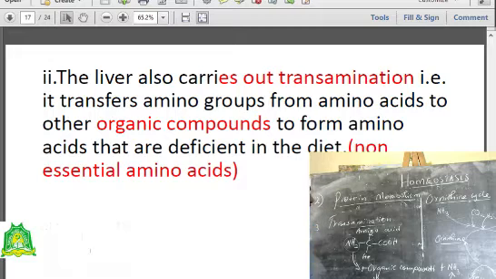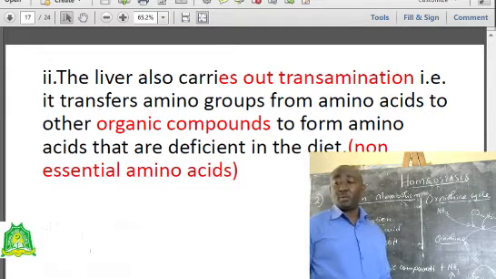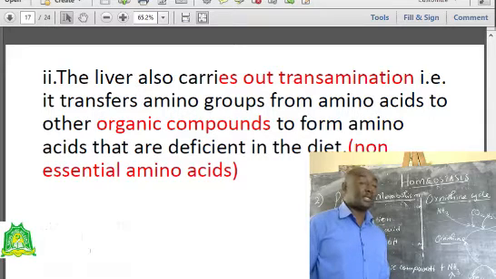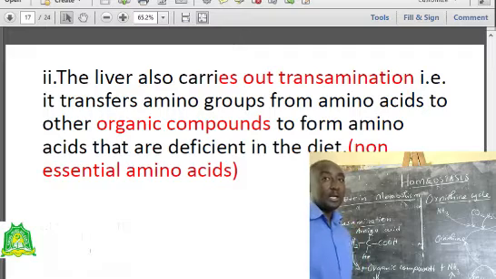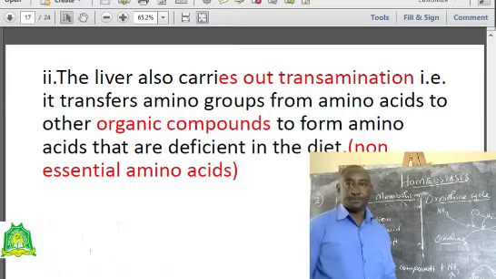In this case, this amino acid is referred to as a non-essential amino acid. Remember, we have two types of amino acids, the essential and the non-essential. The non-essential amino acid is formed in the body, that means in the body cells.